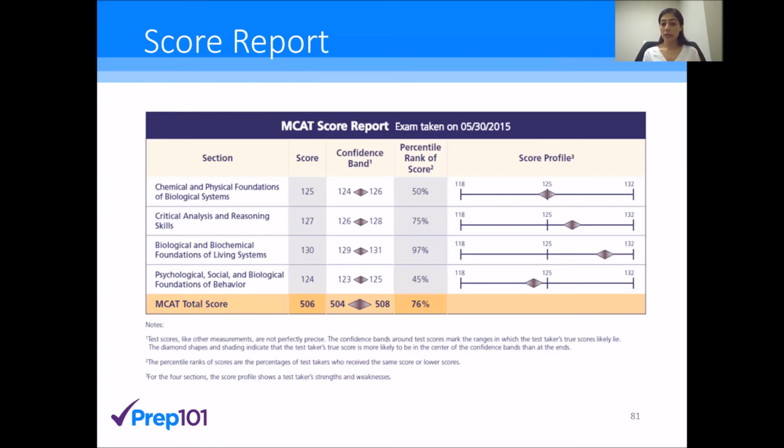Not in just this one instance by giving you this number, but by giving you a range of where your true score is most likely to lie. And it really allows medical schools to differentiate between two applicants who had perhaps a very, very similar score, knowing that they both had the potential to score within a certain range.